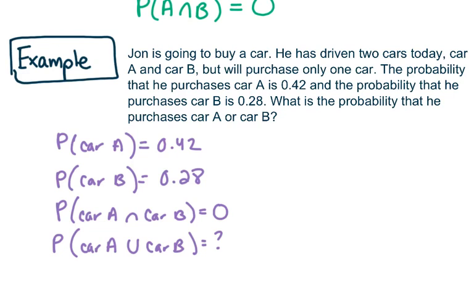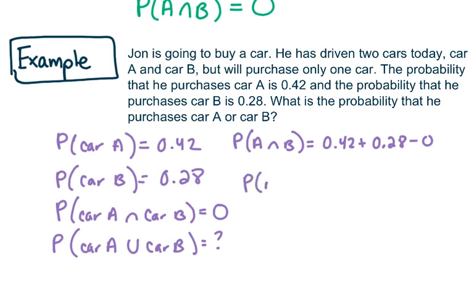So the probability of car A or car B is going to equal the probability of A, so 0.42, plus the probability of B, 0.28, and then minus the probability of A and B, or minus both. So we know that both is 0, so we can put minus 0, but minus 0 is really not adding or taking away any value.